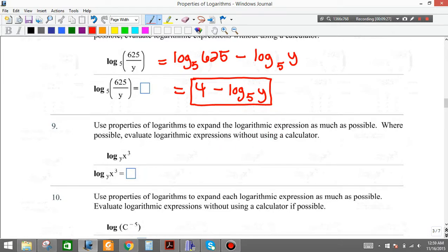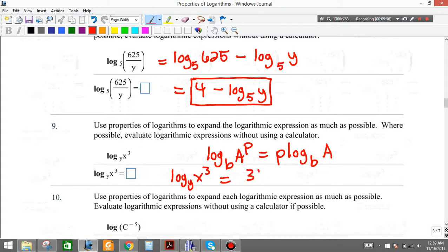For number 9, we learned that log base b of a to the p, when you have a power, you can bring the power in front. This is going to be crucial in solving equations in the next section. Bring the power in front. And so log base y of x to the third, 3 here is the power, so that 3 simply goes in front.